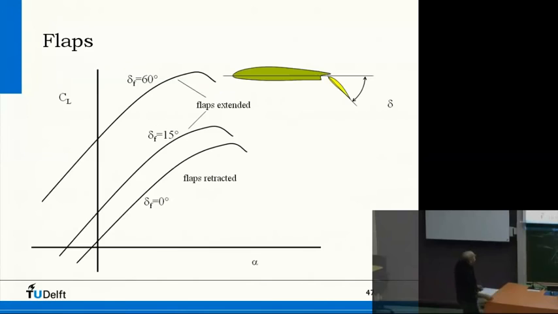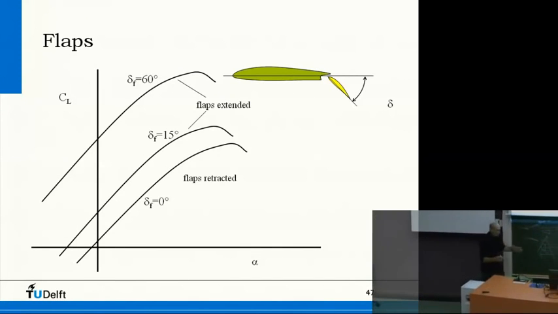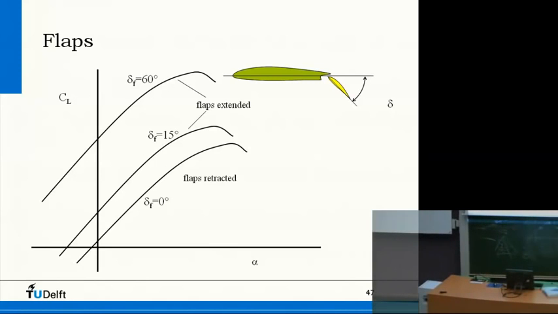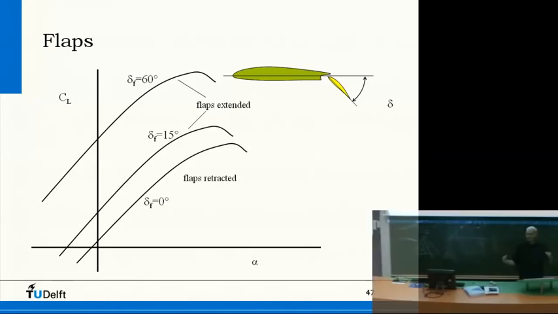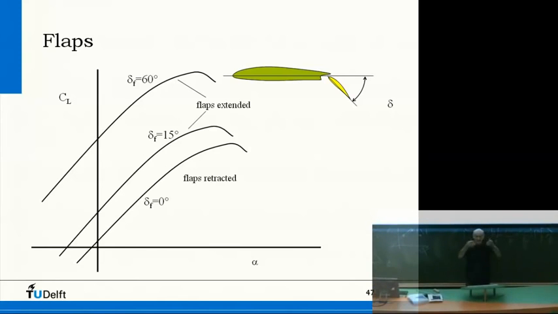Now, of course, we've seen that if you have an airfoil and you increase the camber, you increase the curvature of the airfoil, then you increase the amount of air that is pushed downward. And because you increase the air that pushes downward, the air will give a lift force up. So you increase the lift up if you camber your airfoil.